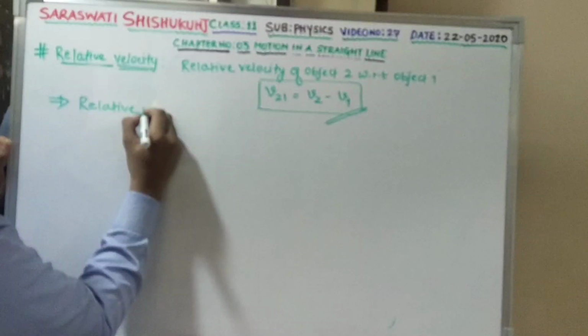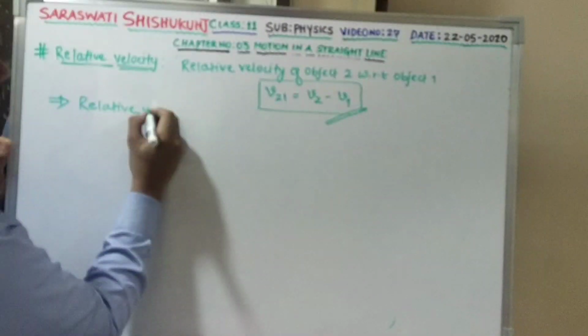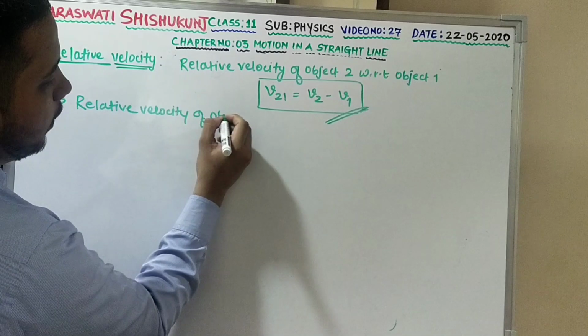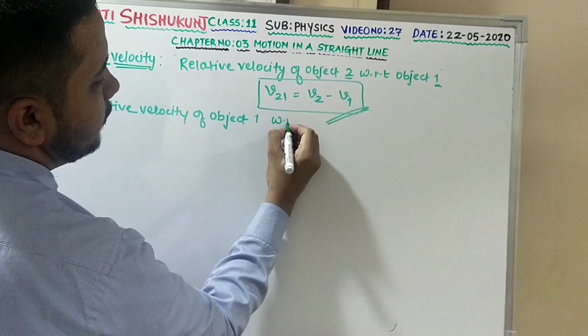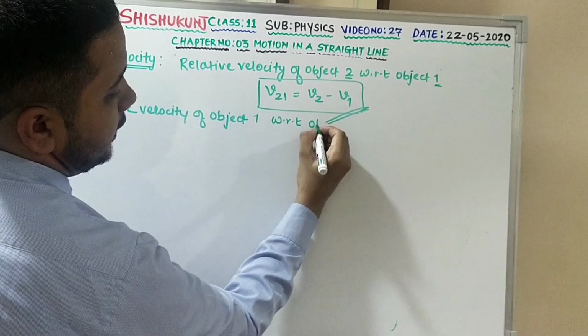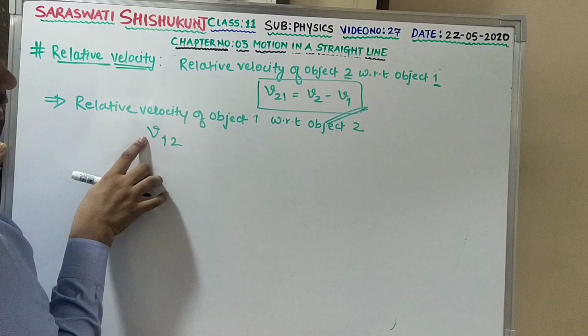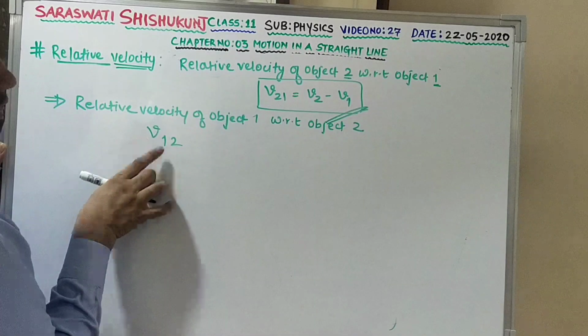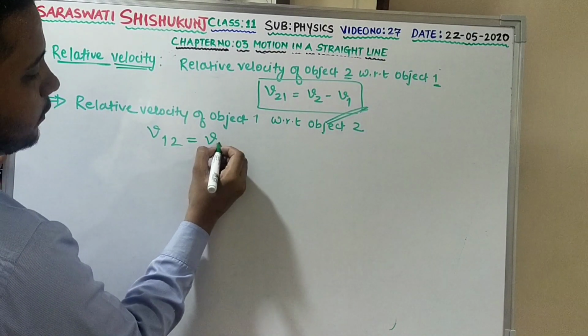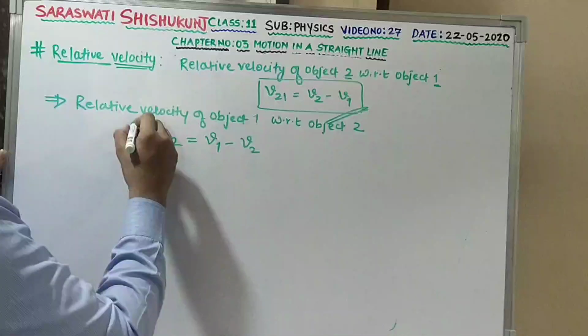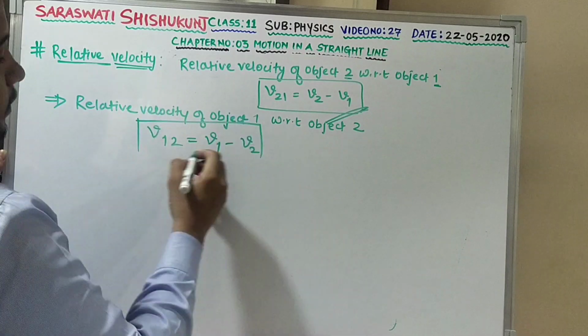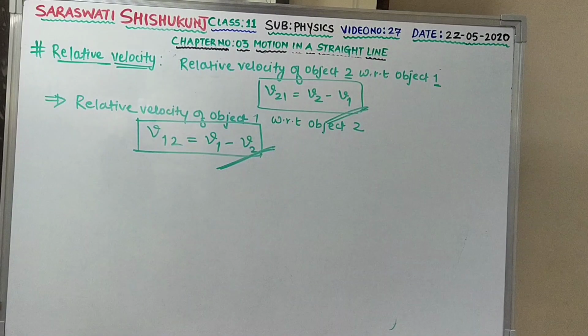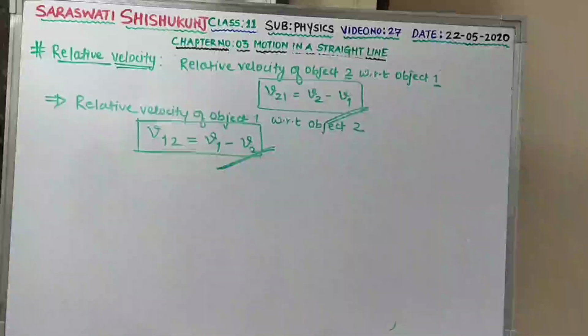Similarly, if I want to find the relative velocity of object 1 with respect to object 2, then I get v12, equal to the difference of the velocity of 1 and the velocity of 2 with respect to earth. Hope it is clear what exactly relative velocity is and how to find the relative velocity of two objects.